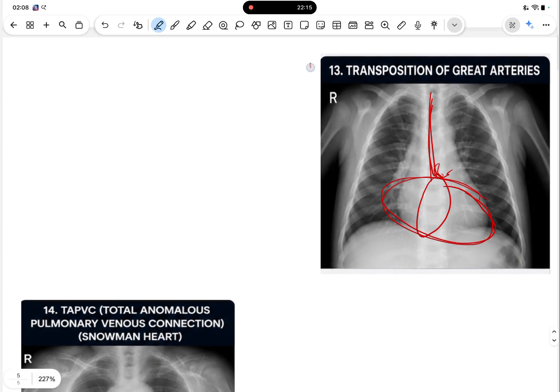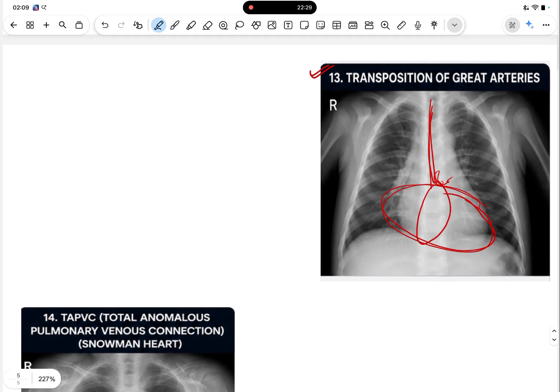We have to remember this. There is this Ebstein anomaly, then transposition of great arteries, then tetralogy of Fallot. These are similar types of X-ray. The most important is tetralogy of Fallot. The rest are asked very rarely. So it is an example of transposition of great arteries, egg on a string appearance.